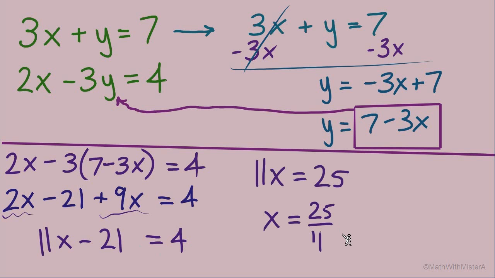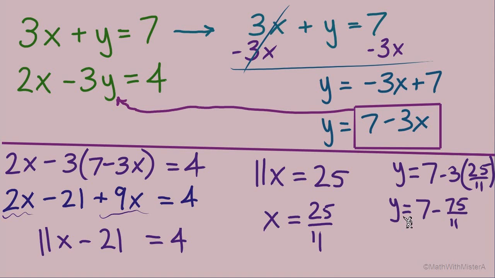A simplified improper fraction. Now let's wrap up getting the y value. We need to put 25 over 11 in place of this x right here. So y equals 7 minus 3 times x, 25 over 11. Careful order of operations, so let's do the multiply. Negative 3 times the 25 in the numerator.